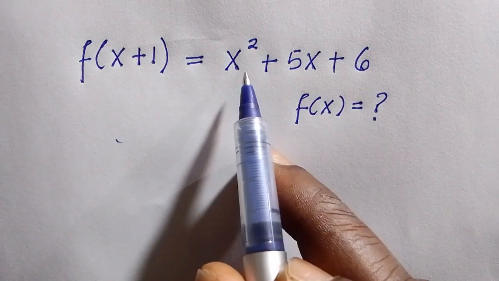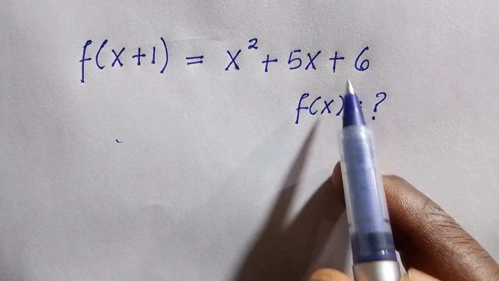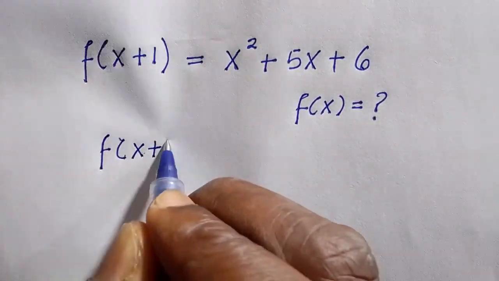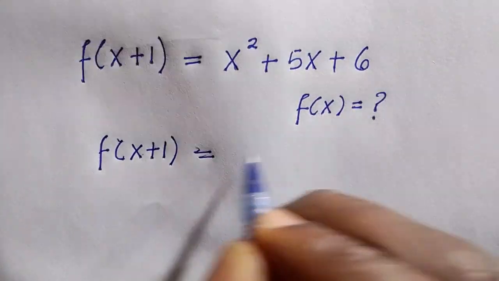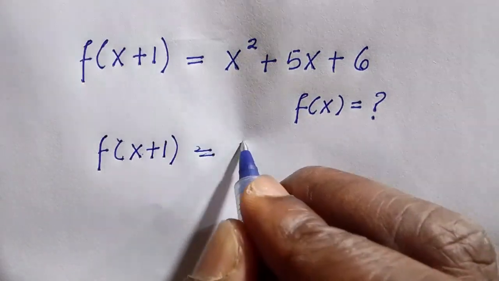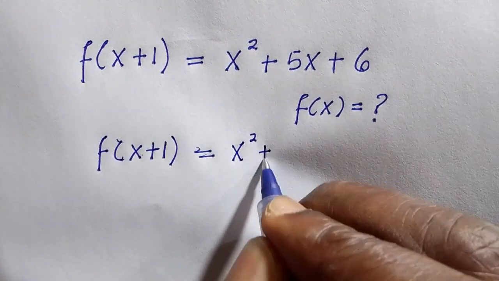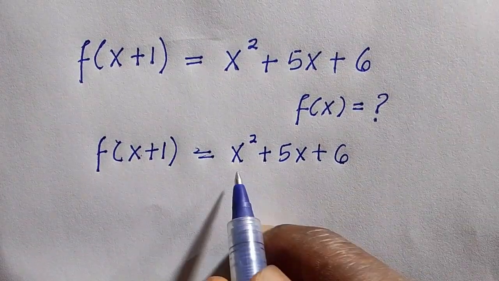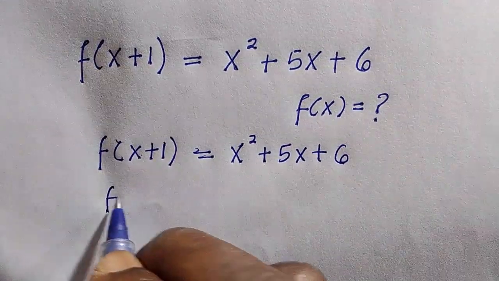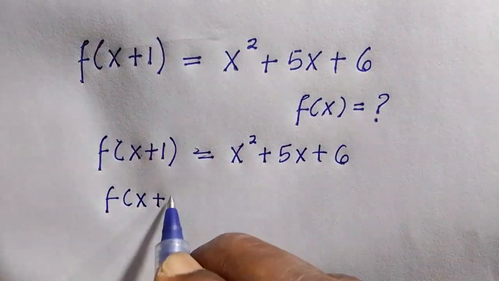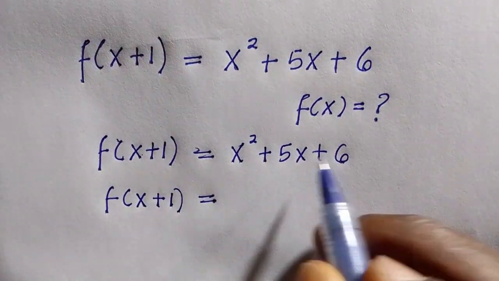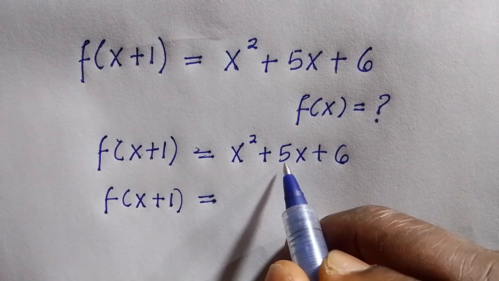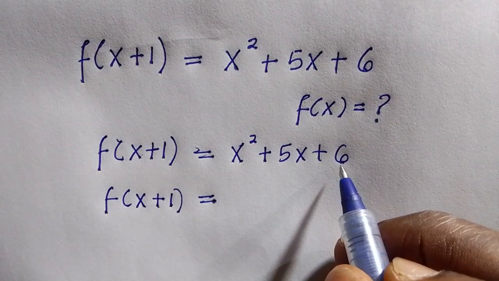So what to do first here is we have to factorize this out, as we have f of x plus 1 equals x squared plus 5x plus 6. Suppose we factor this out, we consider 5 as the middle term, the sum, and 6 as the product.